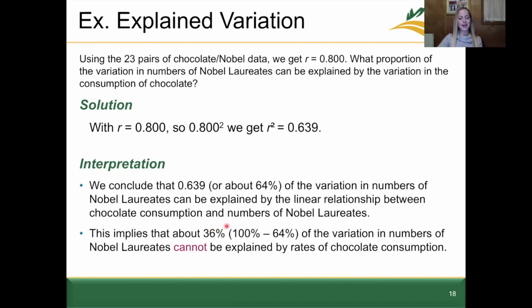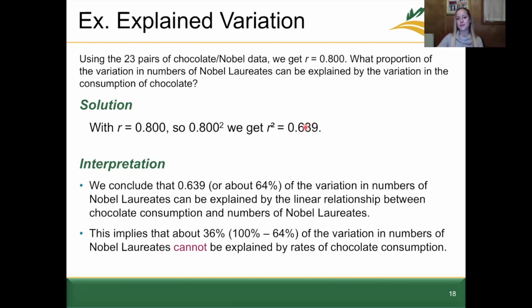So this implies that about 36% of the variation in numbers of Nobel laureates cannot be explained by rates of chocolate consumption. Again, this came back to finding our R-squared value, making that into a percentage, and then thinking about our definition of an R-squared value. This relates to our Y data, and it connects to the linear relationship between our X and Y data.